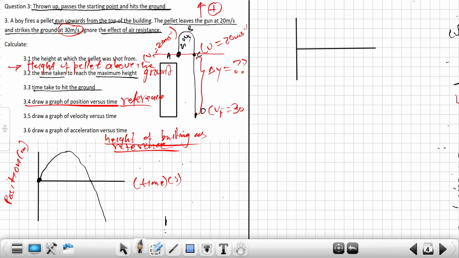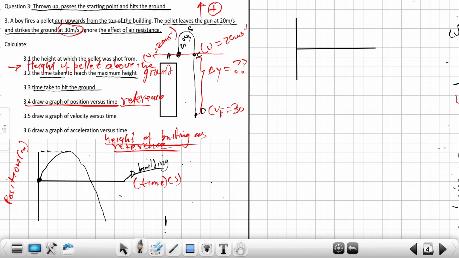So basically all it says is this part here where I have my time axis, I can refer to it now as the building when I am asked to draw it with the building as the reference. So can I label my graph? Of course I can.